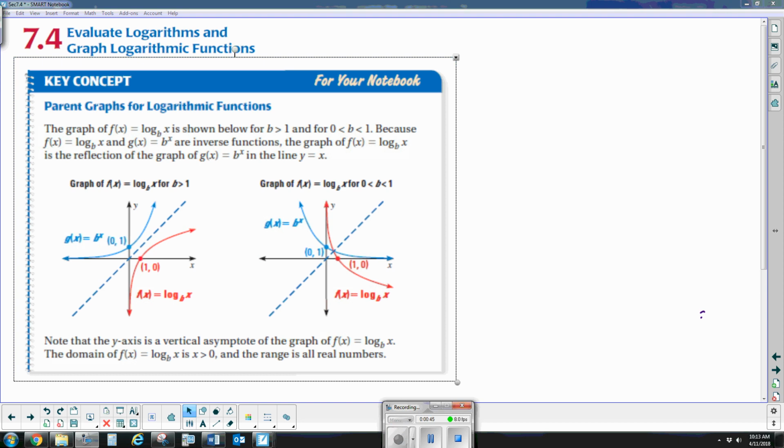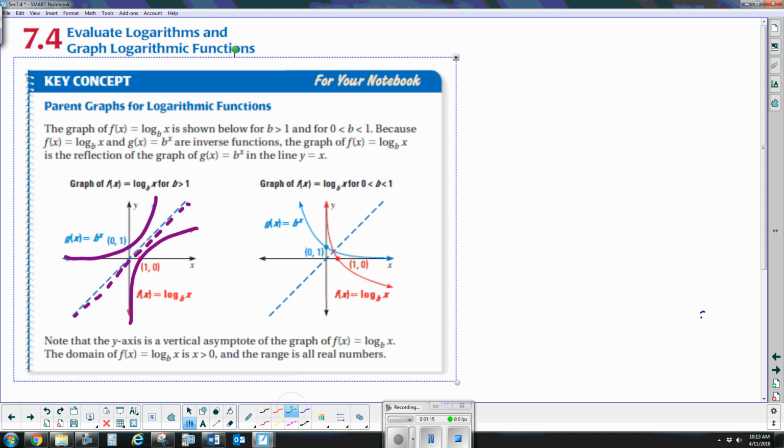So here's the exponential function, where b is greater than 1, it's an exponential growth. Since the logarithmic function is an inverse of that, it's the reflection over the line y equals x. So not over the x-axis, like if we had a negative a value, but over y equals x. So here is the logarithmic function.